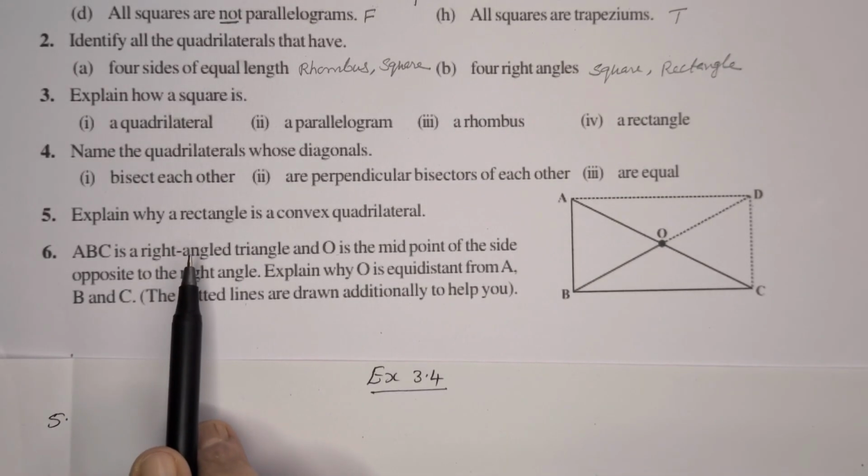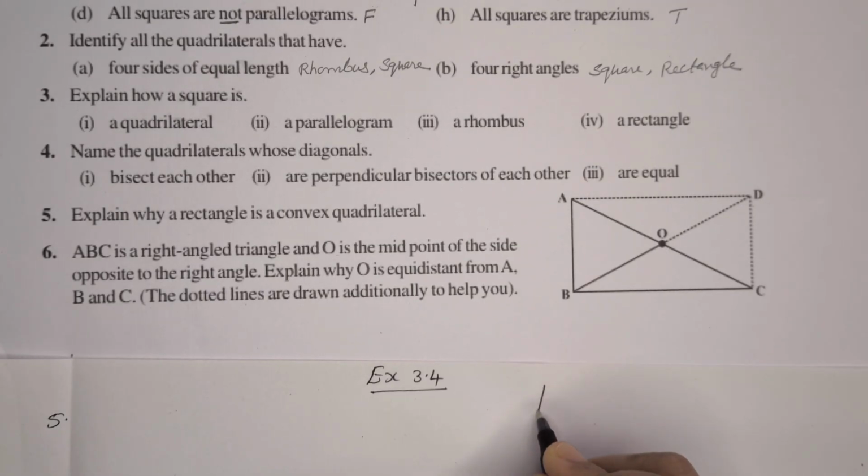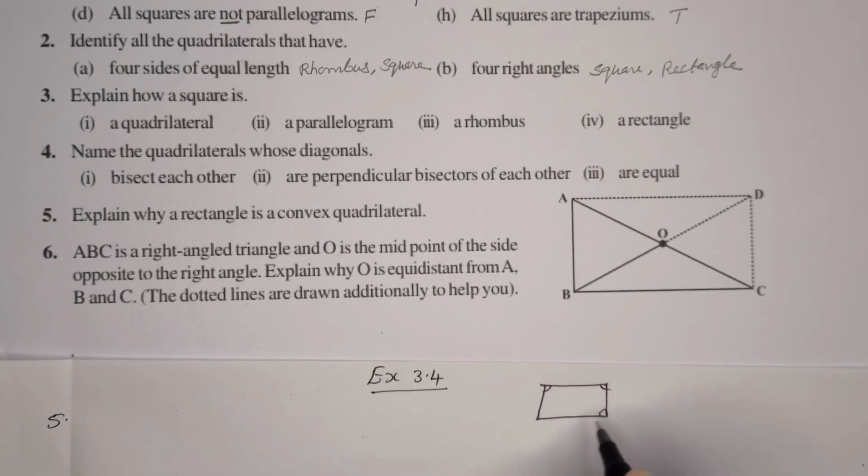Fifth question, explain why a rectangle is a convex quadrilateral. Rectangle, we know that the measure of each angle is less than 180 degrees. So all angles are less than 180 degrees, and also its diagonals, these are the diagonals, lie completely inside the rectangle. So we can say this is a convex quadrilateral.